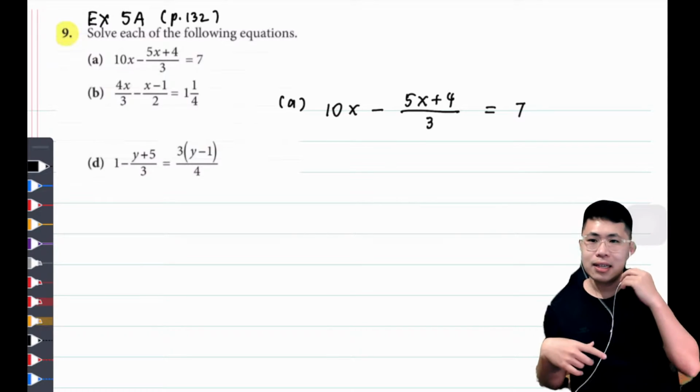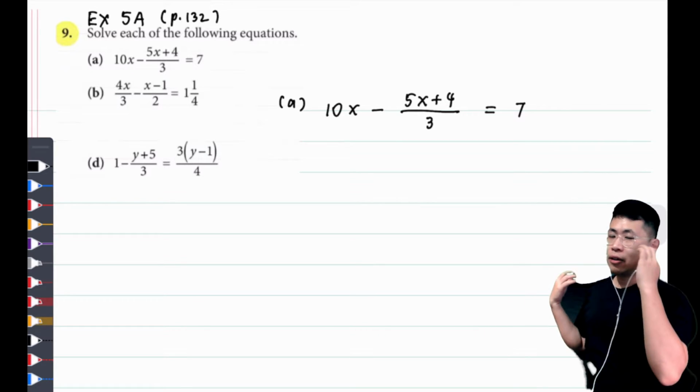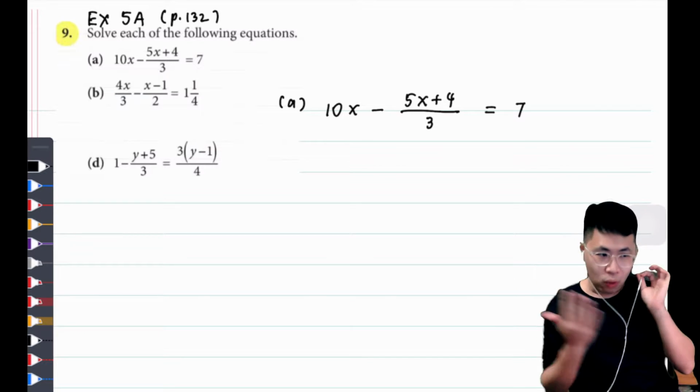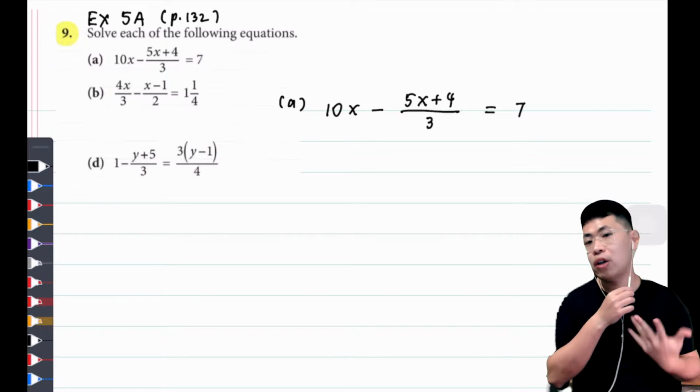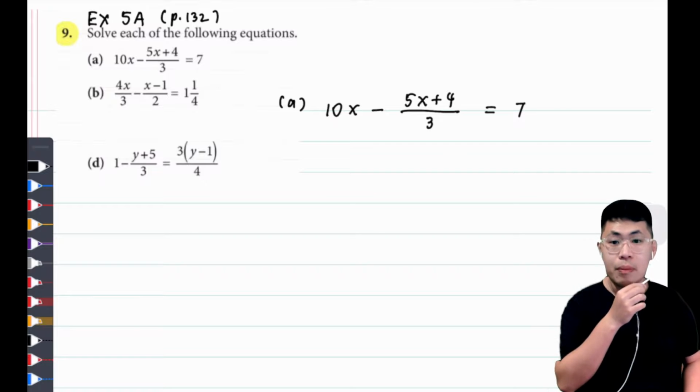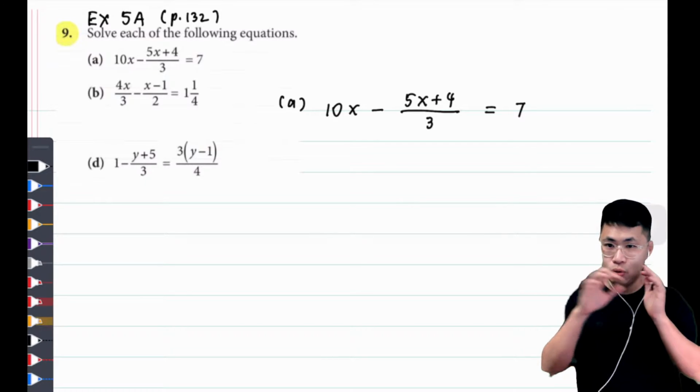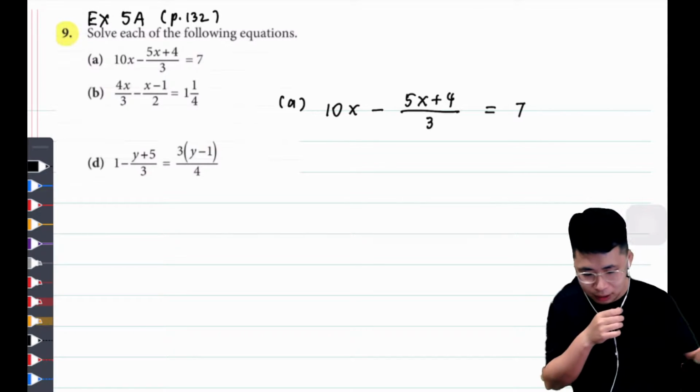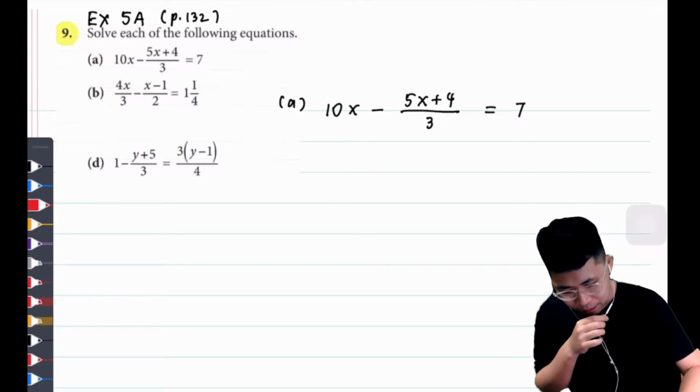Now let's say we want to combine everything into one single fraction. What should you do? Remember what we did in chapter 4. When we have two separate fractions, to combine them we need a common denominator.